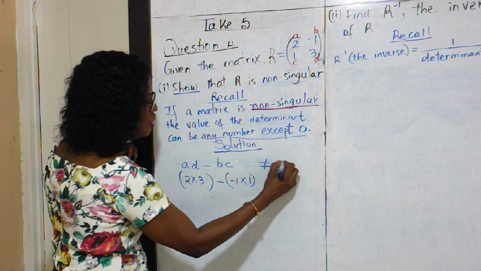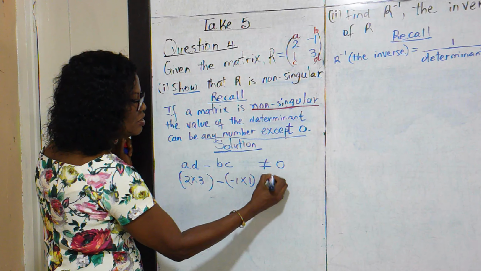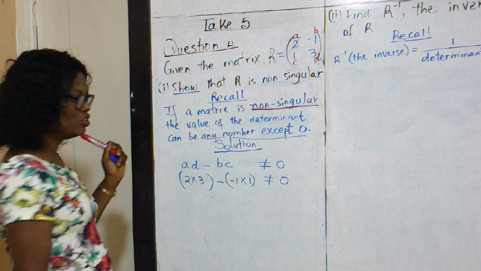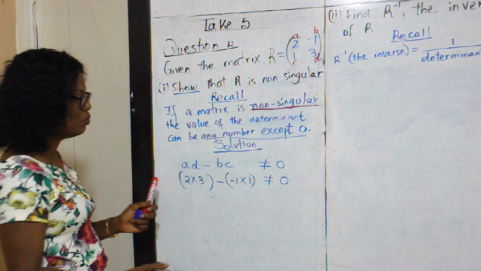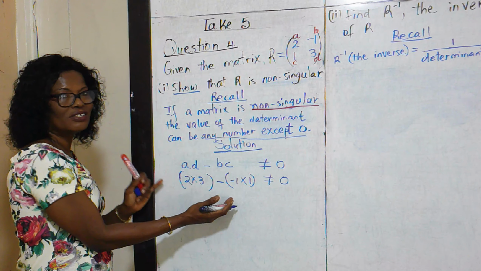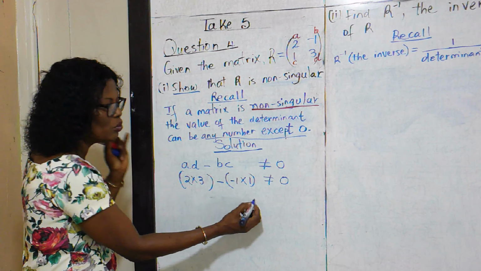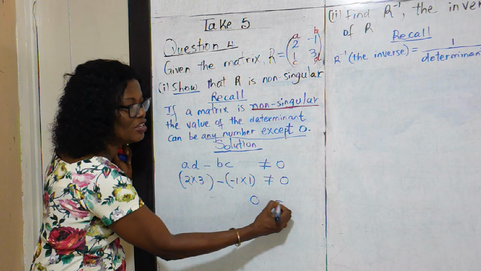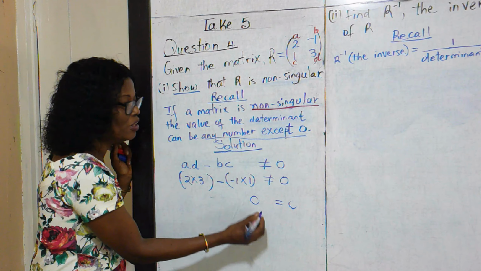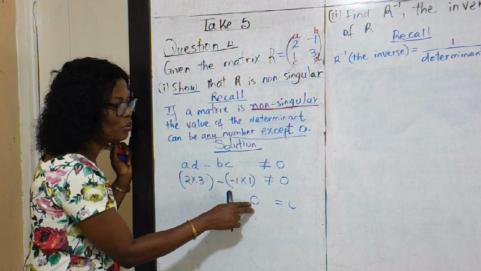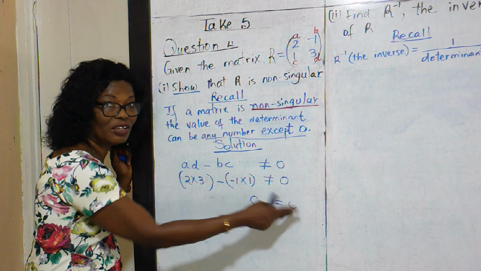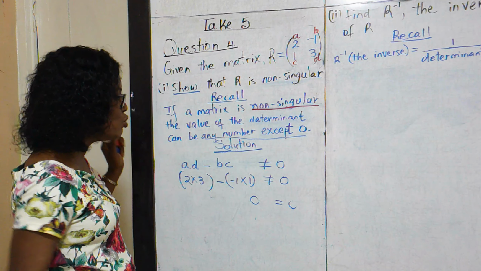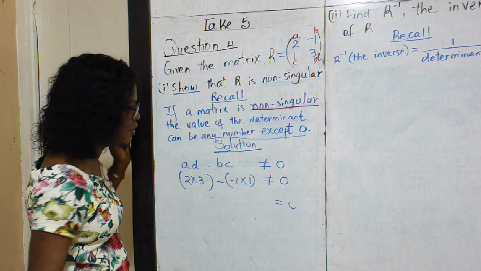Okay? Not equal to 0. So we're trying to work the left hand side now to prove that it's not 0, because we know that if it's 0, then 0 is equal to 0. But if it's any other number, then we know that number is not equal to 0. So we're trying to work the left hand side.